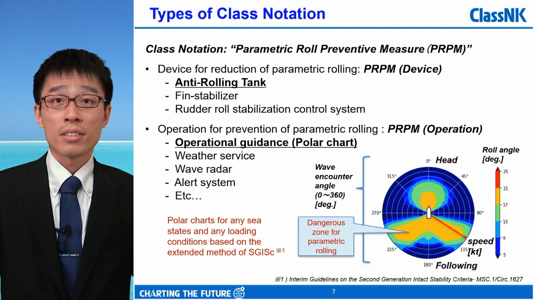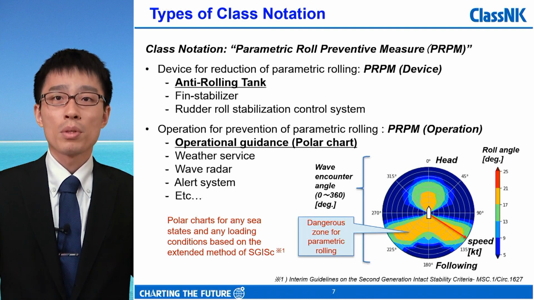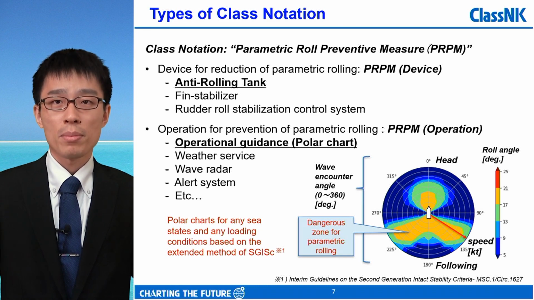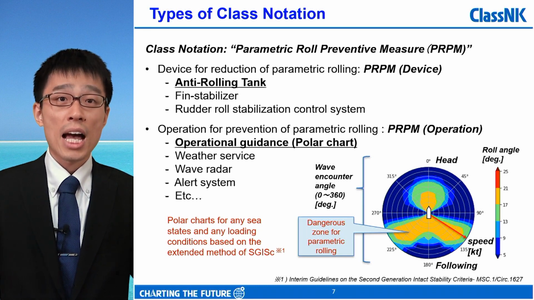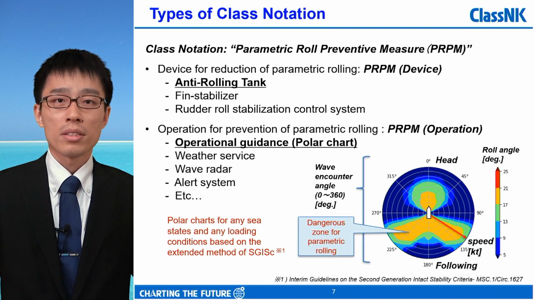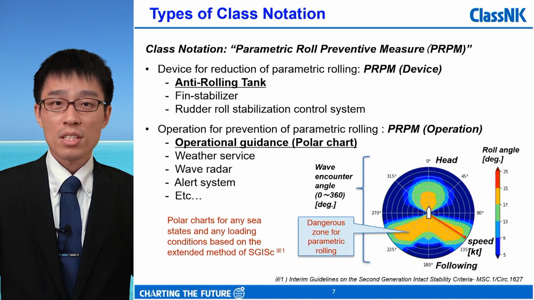Next, these are examples of class notation to a ship with parametric roll preventive measures. For example, devices for reduction of parametric rolling, such as anti-rolling tank, a fin stabilizer, a rudder roll stabilization control system, and operational guidance, polar chart, weather service, wave radar, and alert system with monitoring roll data.